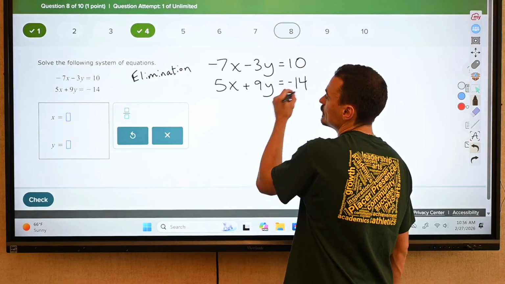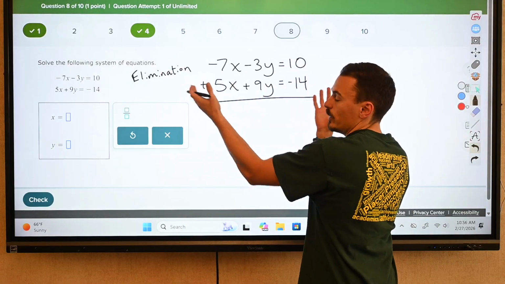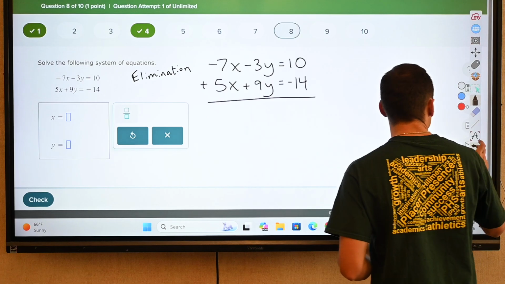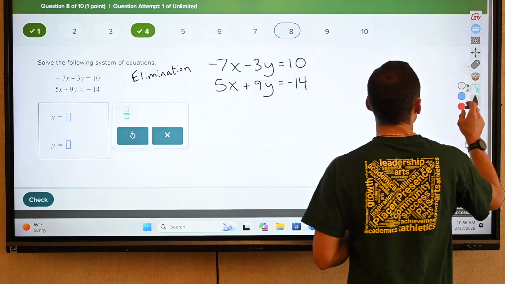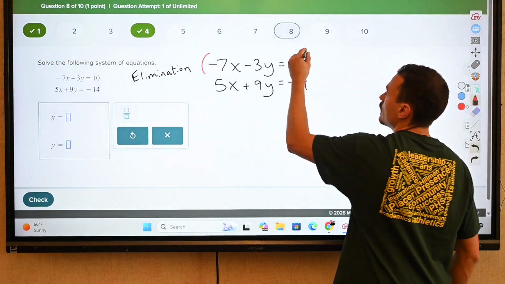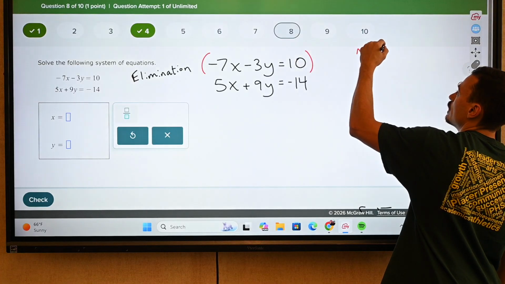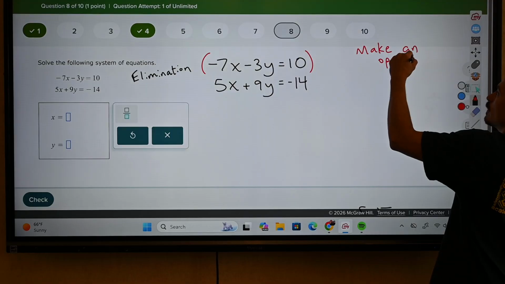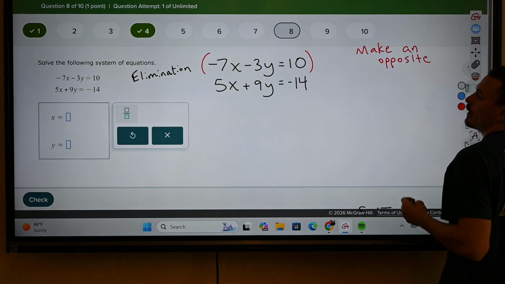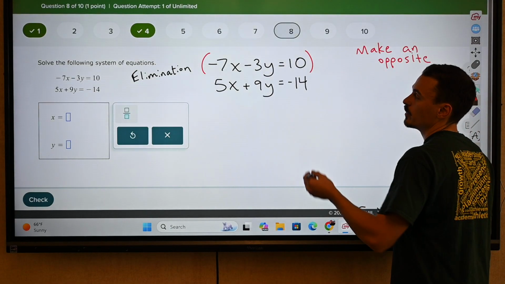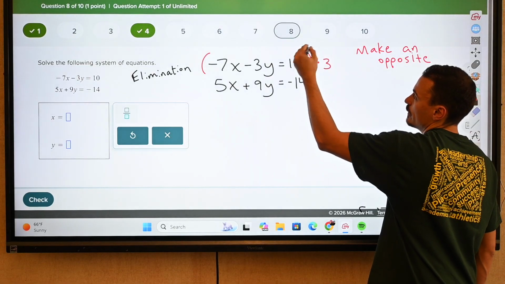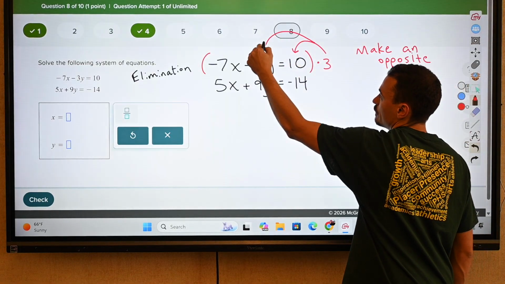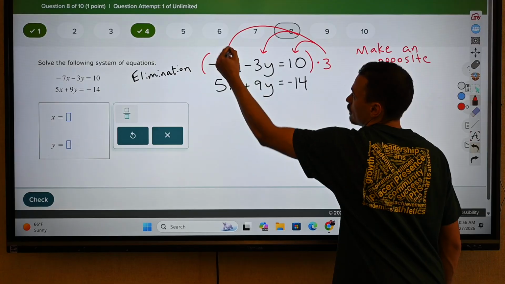Only problem is we don't have opposites. So in math, sometimes you have to make an opposite. So I will make an opposite in red. We're going to distribute a 3 to each term on the inside.